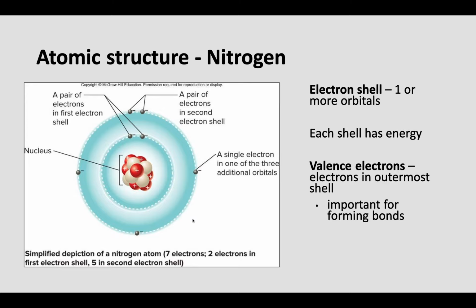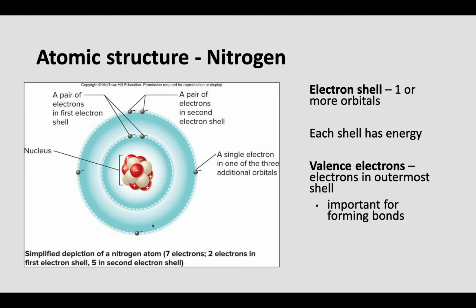Each of these shells has energy associated with it. Energy is the ability to do work, and the energy that we're talking about here is potential energy. It has the potential to do something. Now this becomes important when forming bonds. The outermost electron shell is really what's going to help form bonds.